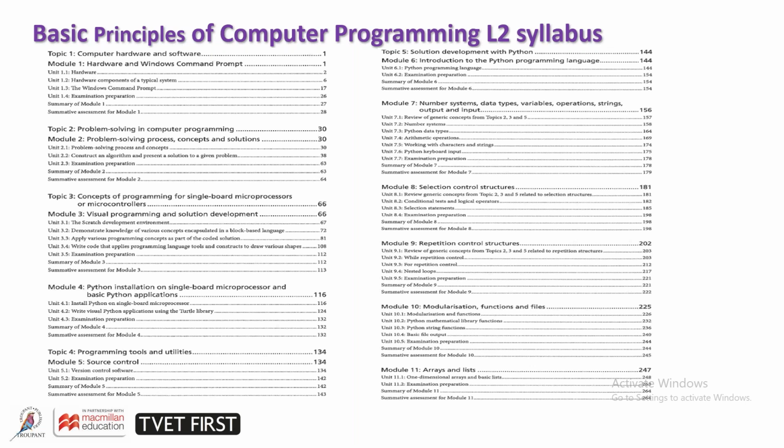Module 7, which you will see later on, we actually moved and brought in number systems earlier. We felt students need to understand what number systems are before they actually start coding or programming with it as well.